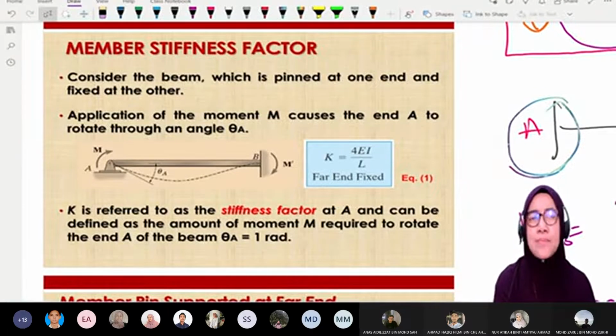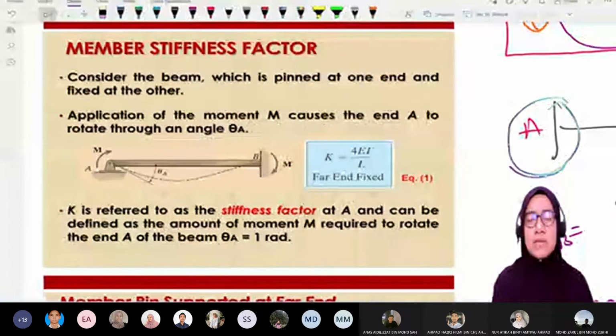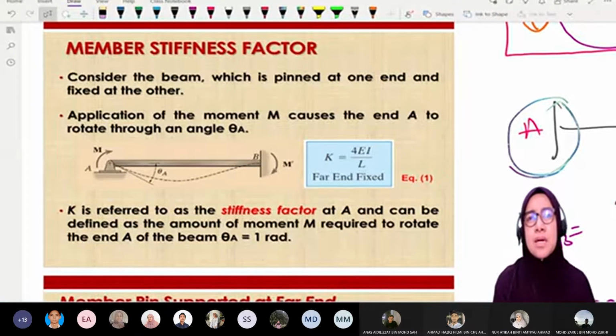That is why K ni come from the word stiff. Stiff is the opposite of flexible. Stiff is one of the important parameters for the material, for each structure. So K is very important to control displacement. So displacement ni dia akan relate dengan this K.